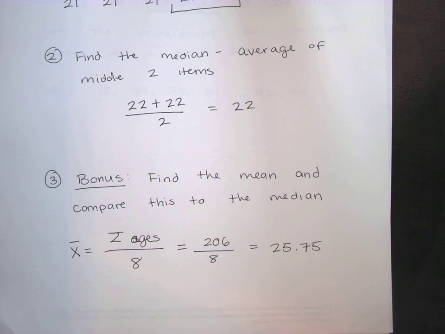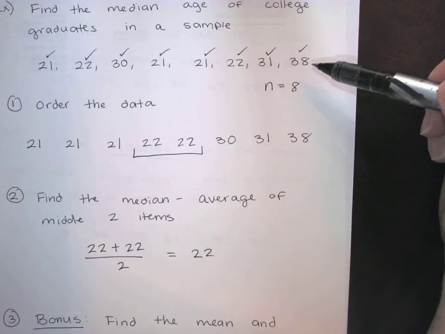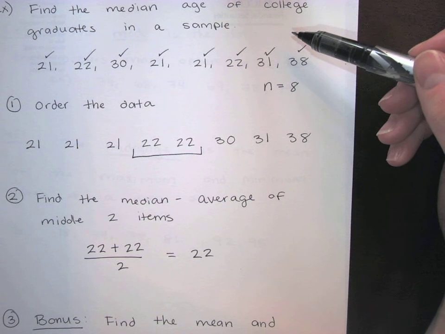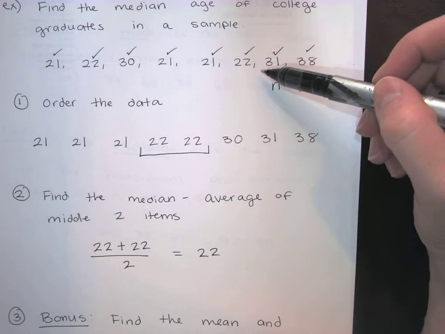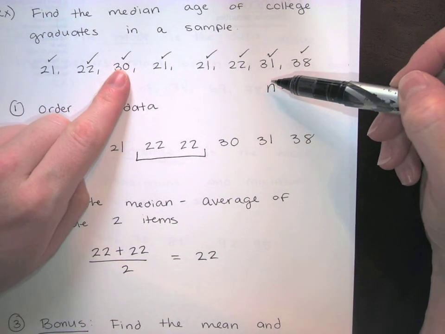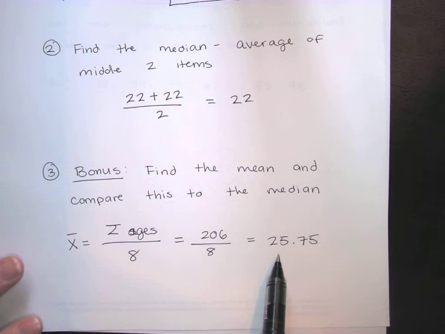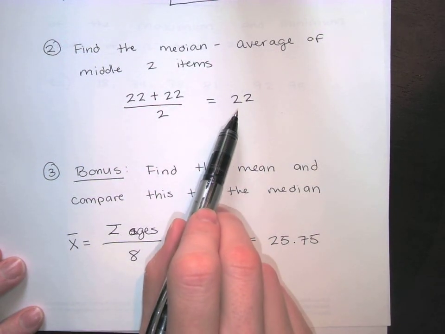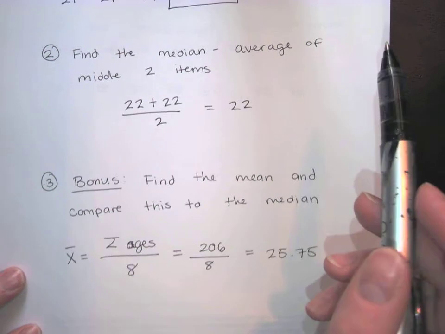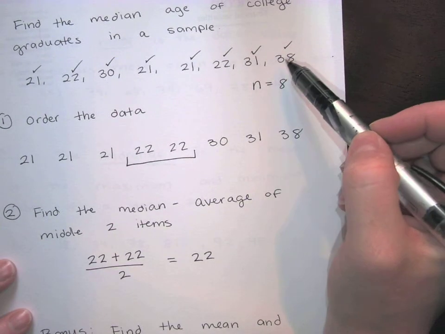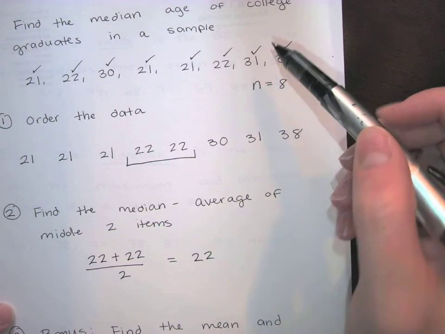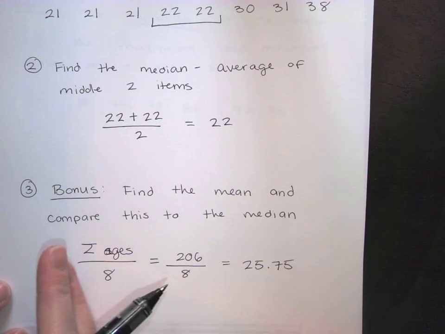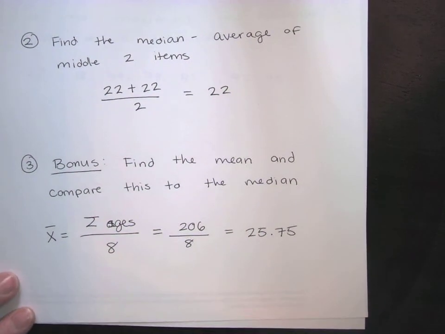But I want you to note here, because we have these outliers, 38 is fairly old for a college graduate, and then we have 2 others that are relatively high. That pulls the mean away from the median. So if your data is skewed and we have outliers above, or we could have had outliers at the bottom, it's going to pull the mean, the average, in the direction of the outliers.